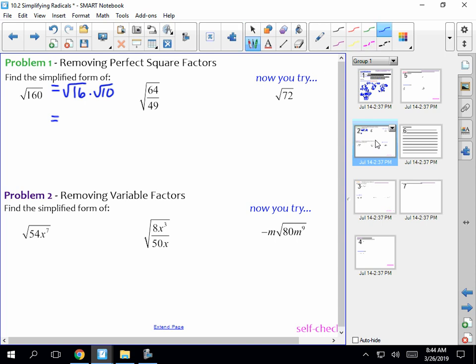And the square root of 16 is 4, and so we just write this as 4 root 10. And that's it. So if you can find the biggest perfect square from that list, as long as the numbers aren't too big, once you get to more than double of 225, so more than 450, then you might need to use the factor tree if it's over 450, unless you know your perfect squares all the way up to 20 squared.